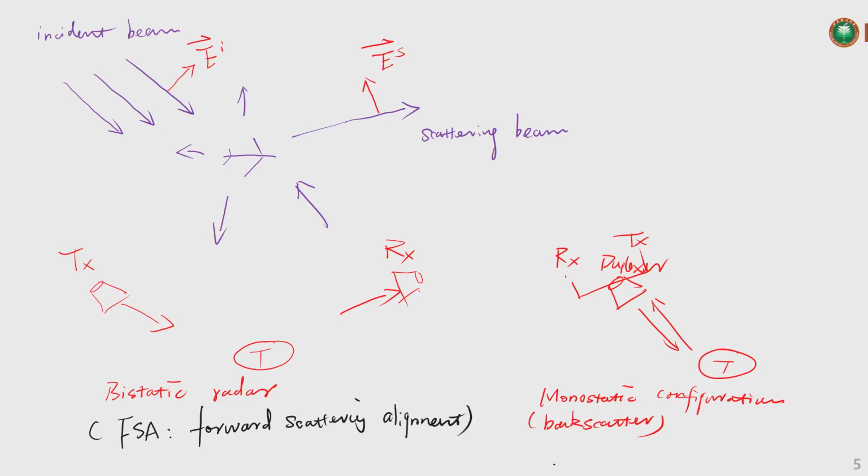And for this one we call it BSA, which is backscatter alignment.